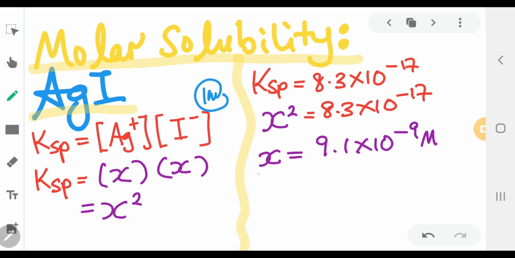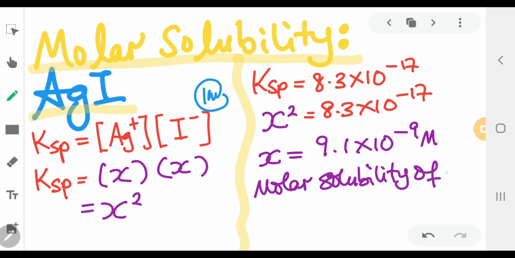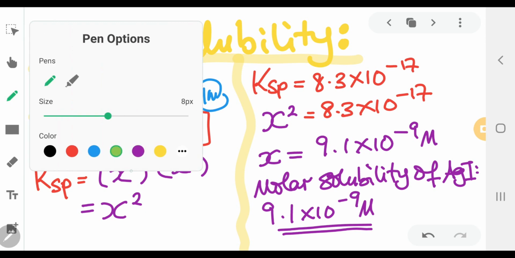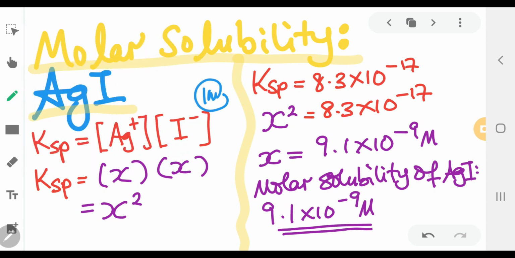Therefore, the molar solubility of AgI is 9.1 times 10 to the negative 9 molar. So you would be able to get 1 mark for this, and then 1 mark for putting that into X right there.